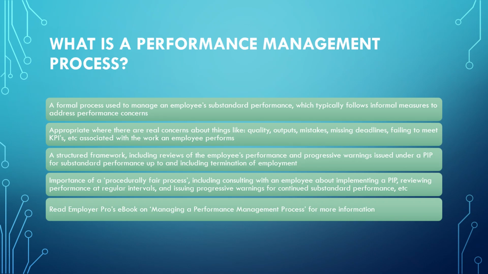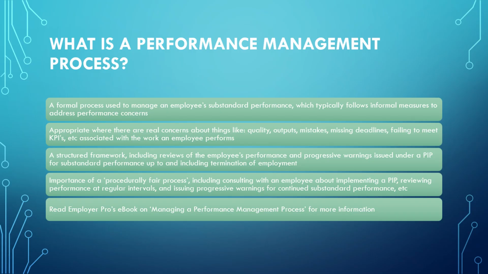What is a performance management process? It is a formal employment process used to manage an employee's substandard performance, which typically follows informal methods to address performance concerns. It is appropriate to consider using where there are real or genuine concerns about things like quality, outputs, mistakes, missing deadlines, failing to meet KPIs, etc., associated with the work that an employee performs.